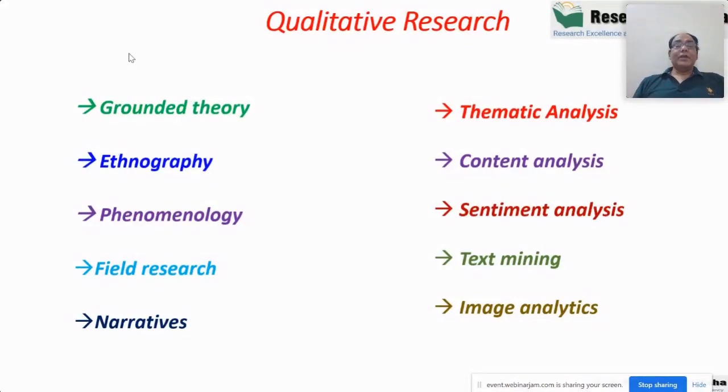For example, if I ask you why children nowadays do not take interest in studies, this may be a research question. And now I want to know why many young IIT people do not want to join companies. They want to start their own business. So why are the young people of today not interested in joining a company?